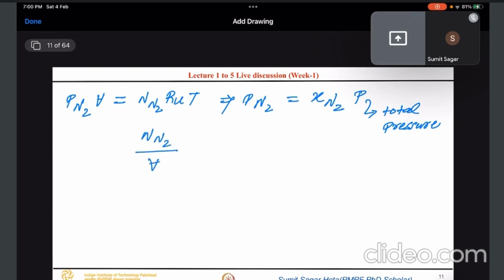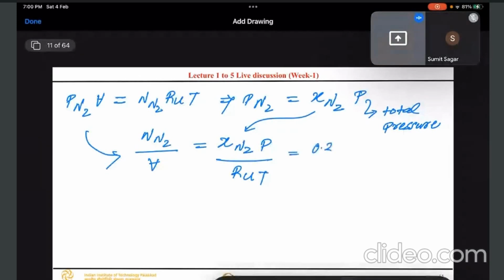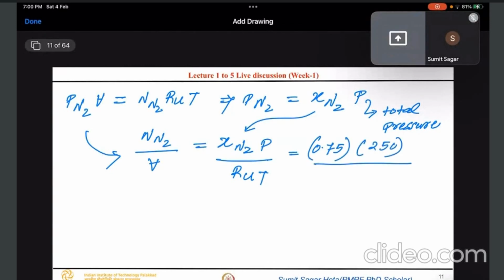N of N2 means number of moles of N2, which is X of N2 into P divided by Ru into T. This is from this formula, and just calculate it: 0.75 into 250 divided by 8.31.